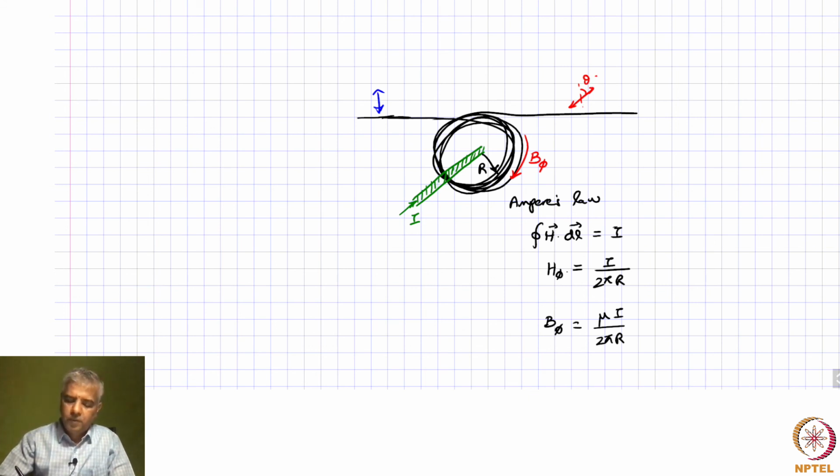Theta is given by the Verdet coefficient of silica, which I said is two orders of magnitude lower than that of TGG, times B, phi, multiplied by length.